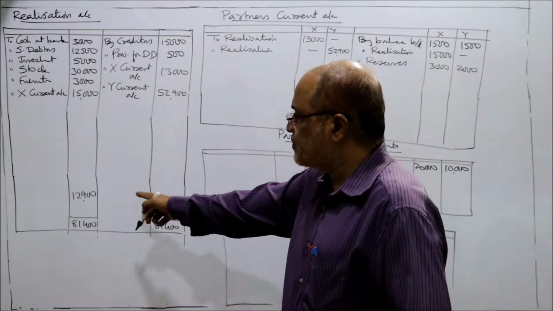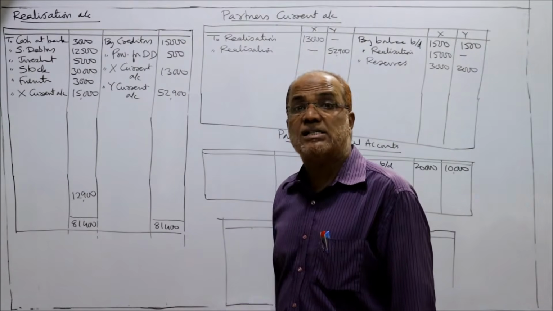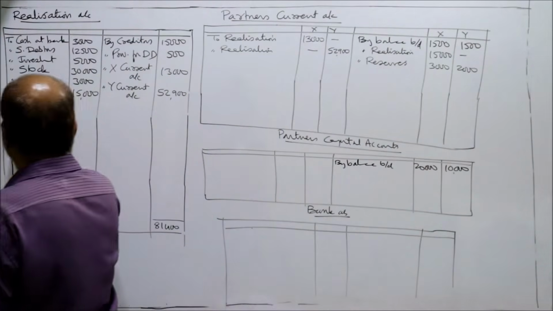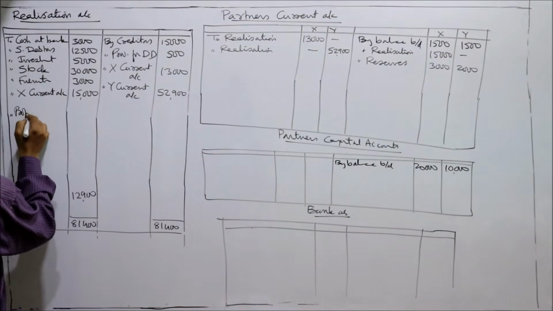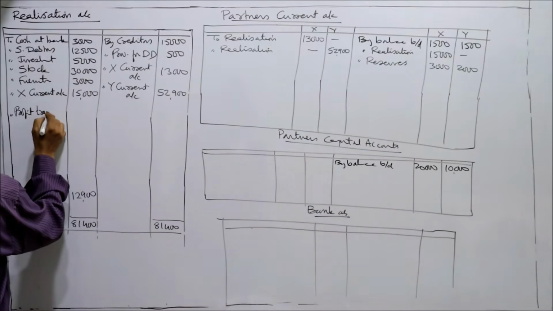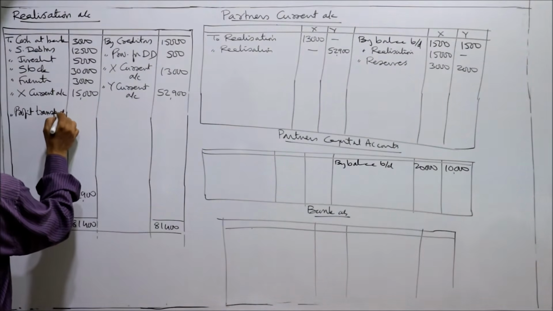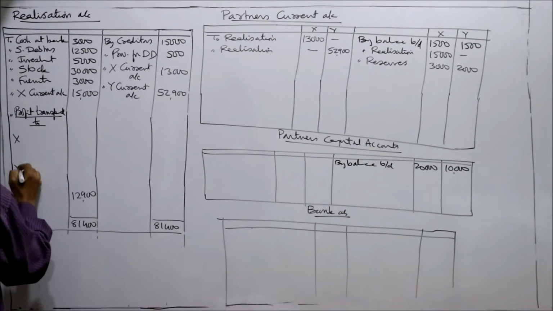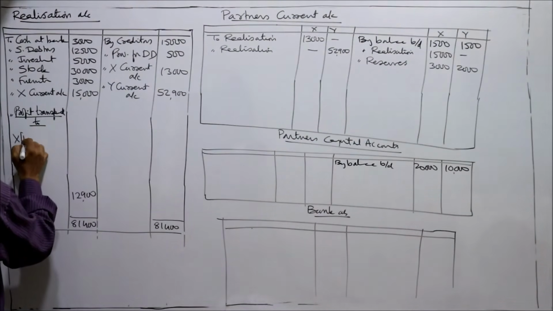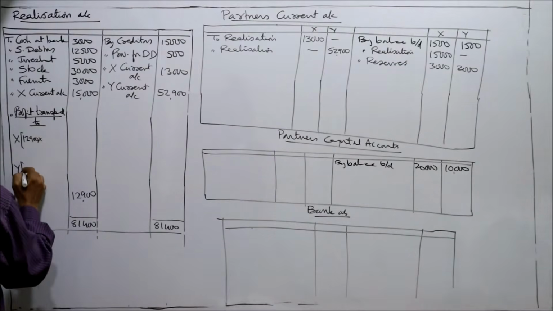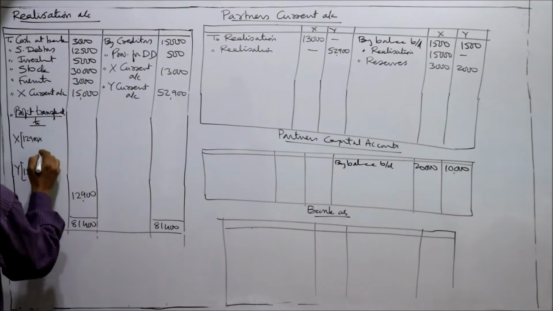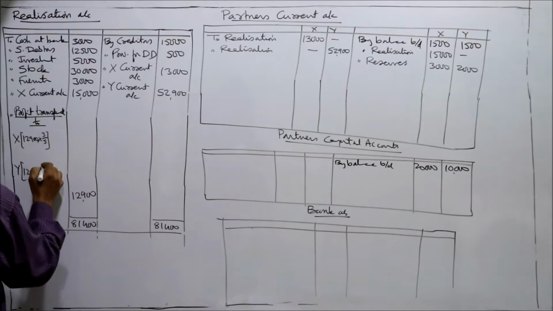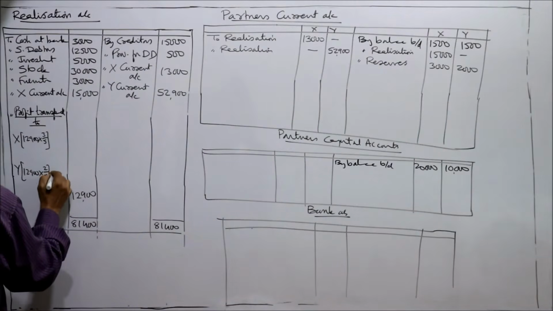Now transfer this profit on realization to the partners' current accounts. So here you write profit transferred to X and Y. So 12,900 into 3 by 5, 2 by 5.